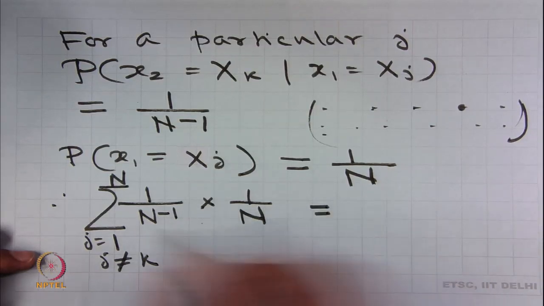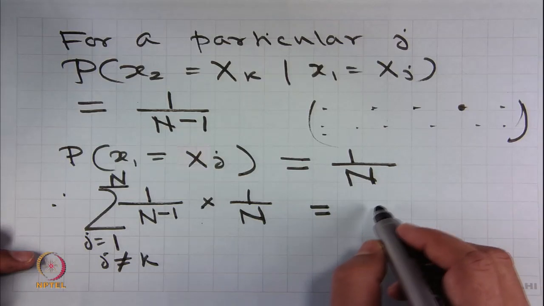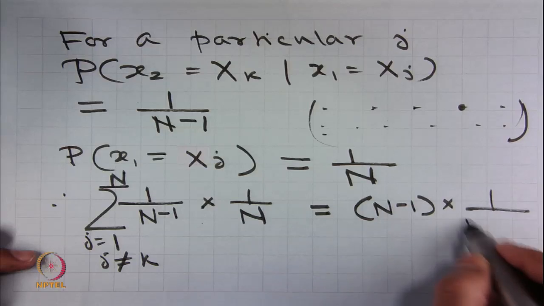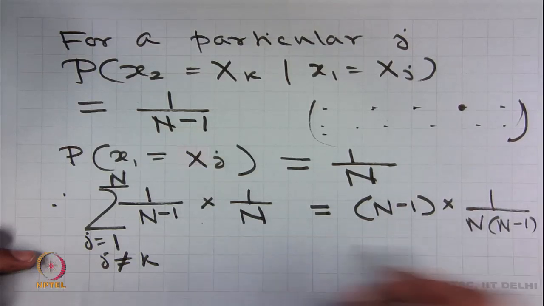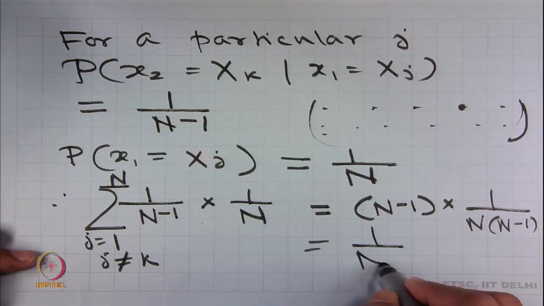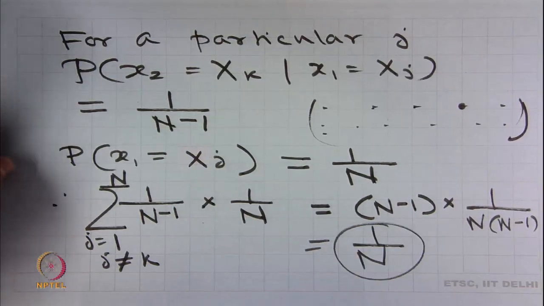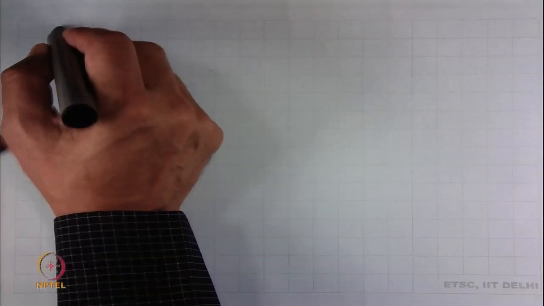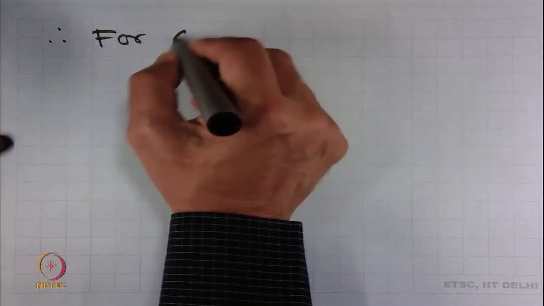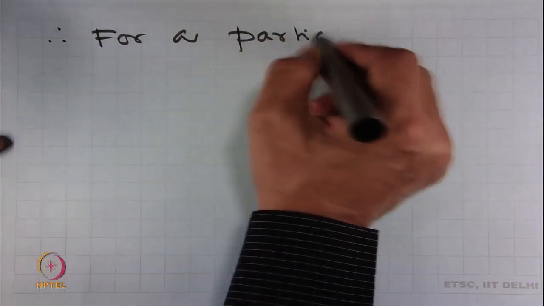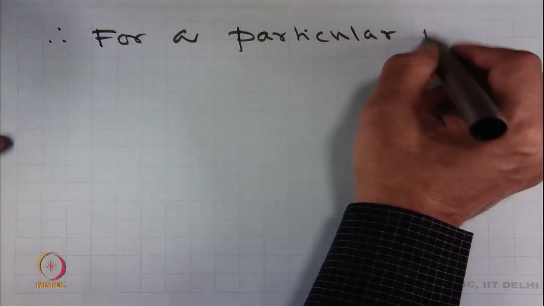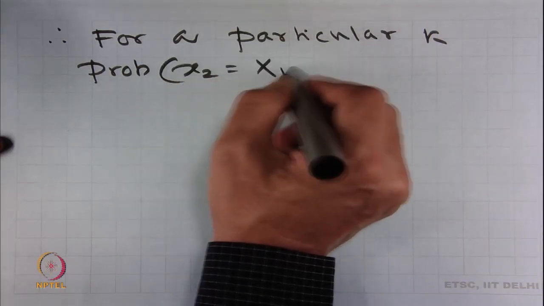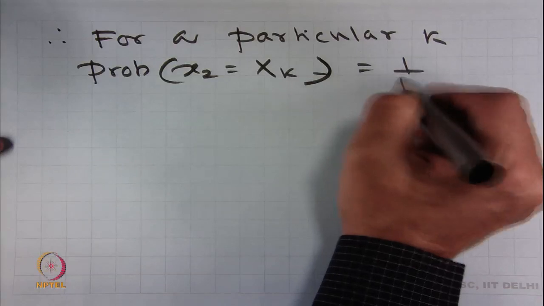Therefore, actually we are summing it for n minus 1 times. Therefore, it is n minus 1 into 1 upon n into n minus 1, which is equal to 1 upon n. If you remember, we have selected a particular x k. Probability that x 2 is equal to x k is equal to 1 upon n.